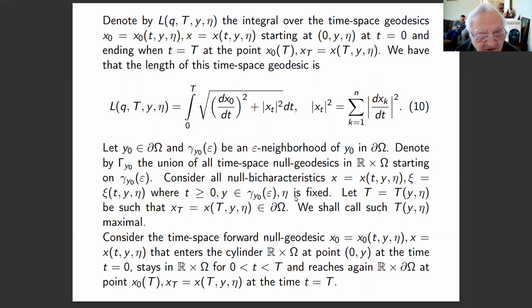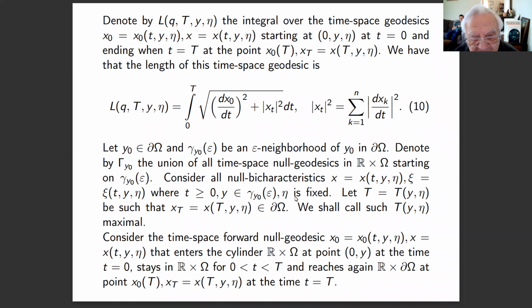Now, let y0 belong to the boundary d omega and let gamma y0 epsilon be an epsilon neighborhood of y0 in d omega. Denote by gamma y0 the union of all time-space null geodesics in R cross omega starting on gamma y0 epsilon.